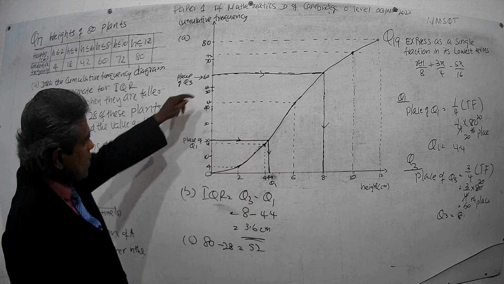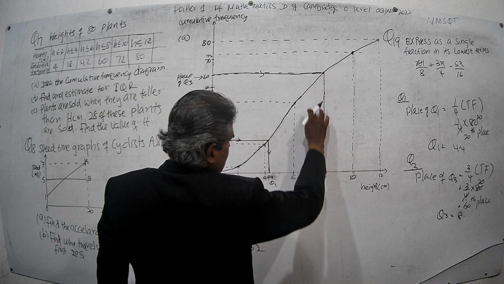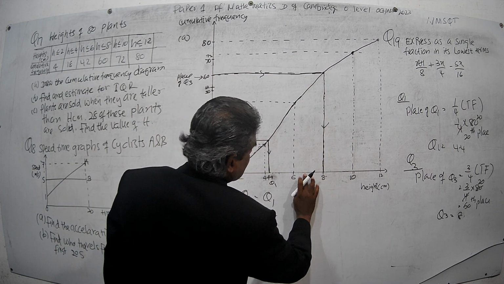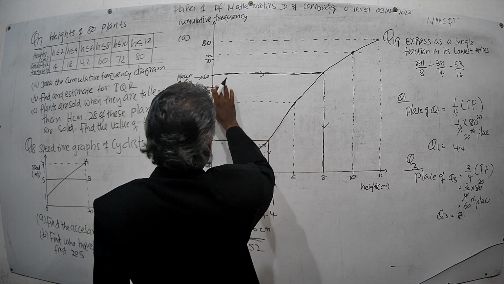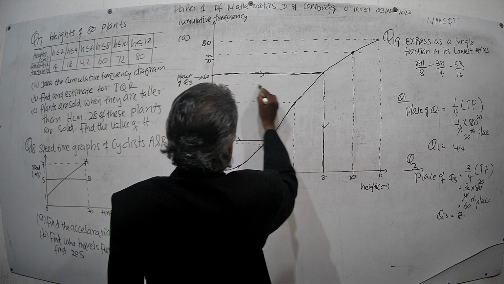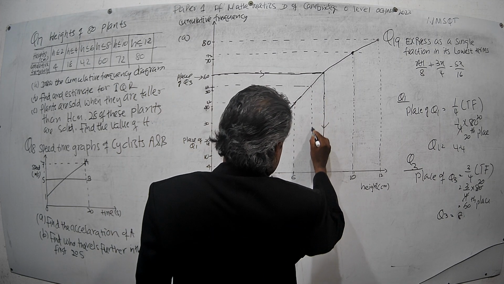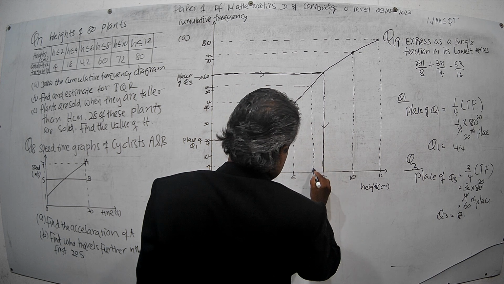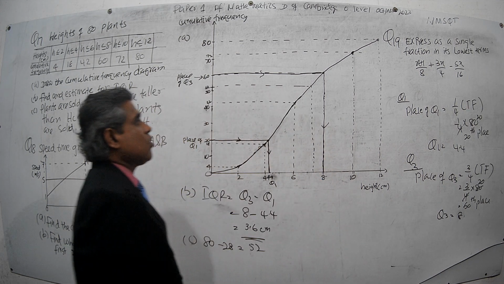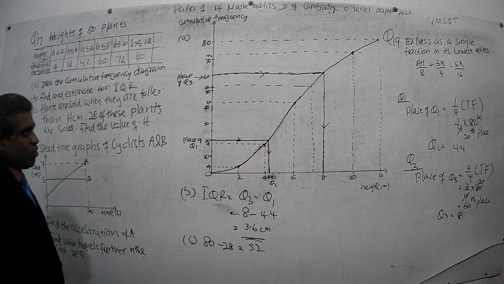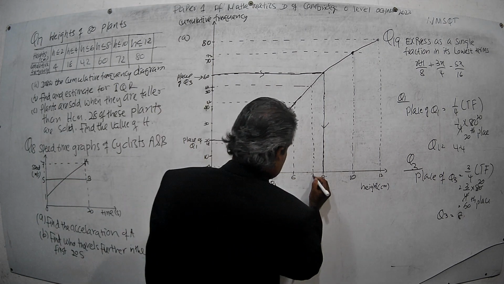Now if you go across like this, you get somewhere like here, 7, like 7.4. Let's say it is 7.4.